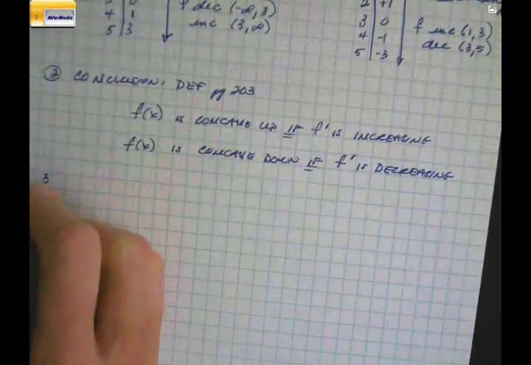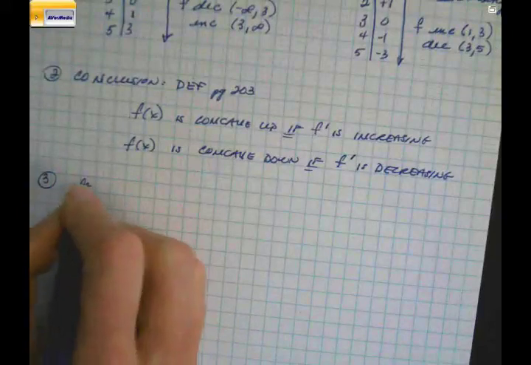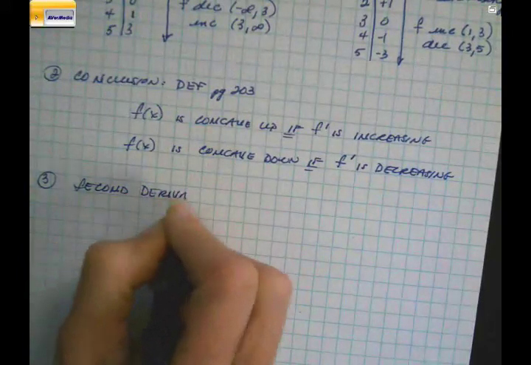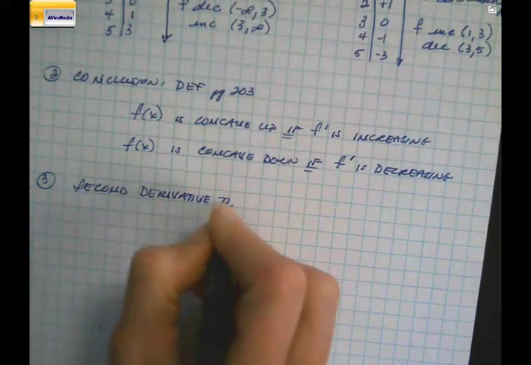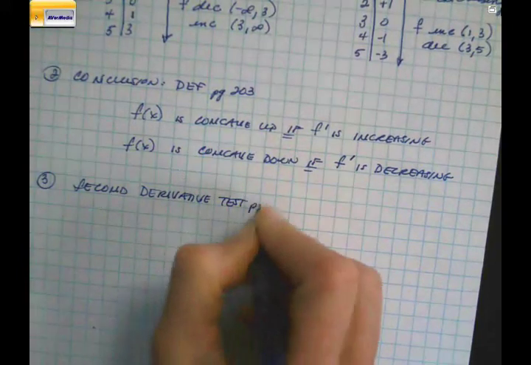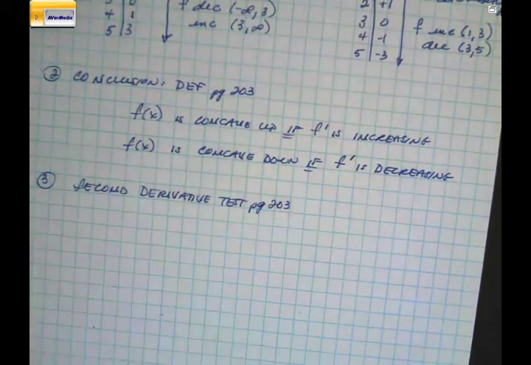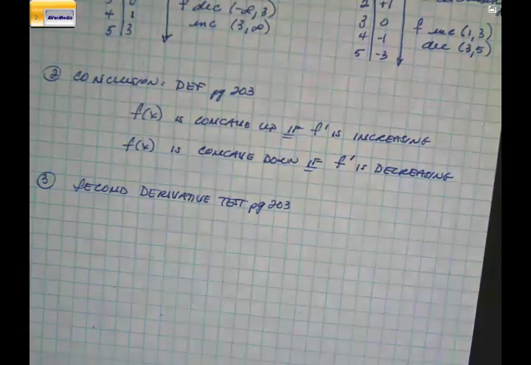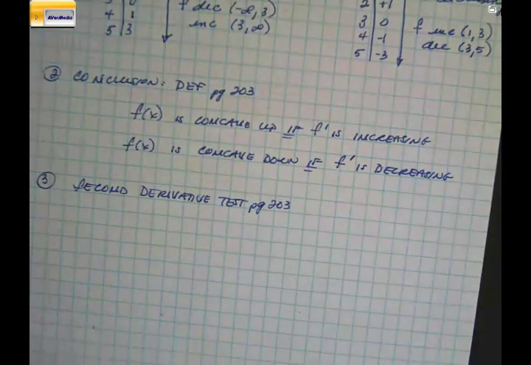Then there's another one, and this other one is called the second derivative test. The second derivative test is also on this same page 203, and we'll read it and then we'll write it more informally. Second derivative test.